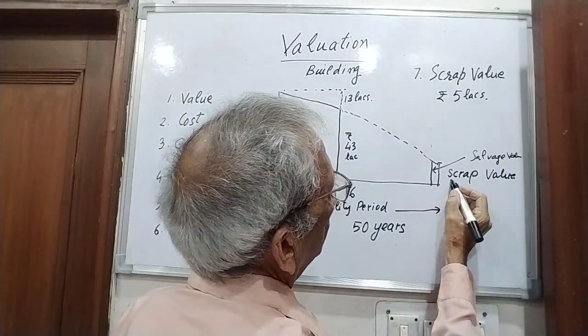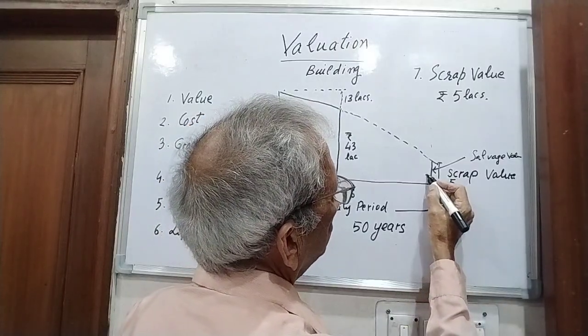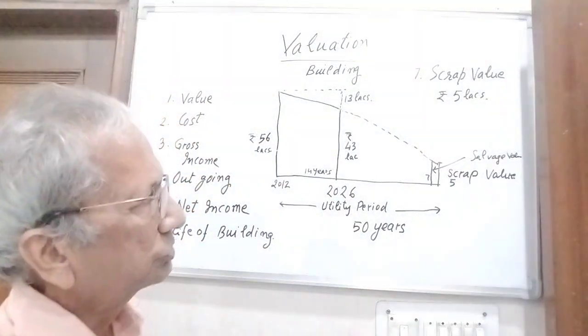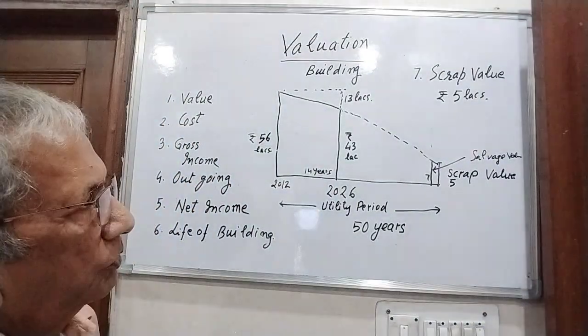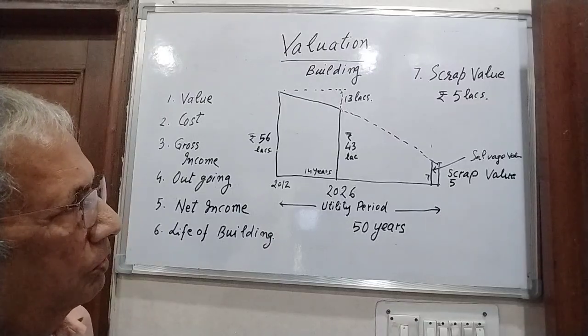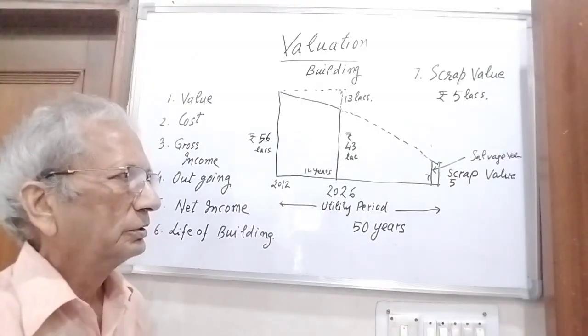If scrap value is 5 lakhs, suppose, then salvage value will be 7 lakh. If we sell this building at this stage, then we will get only 7 lakhs. Therefore, we will go for dismantling of this building and get scrap value.